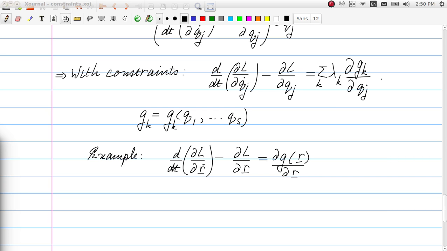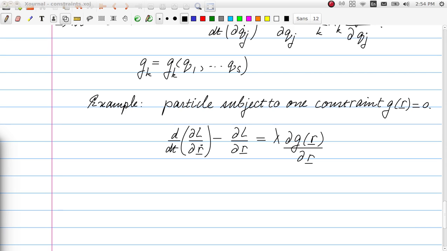So let us consider the example of a particle moving in 3 dimensions, a single particle which is characterized by the vector r. In that case, this condition here translates immediately into this one, and here we have assumed that there is only one constraint. So let us now consider the example of a single particle subject to one constraint, which is given as g of r equals 0.